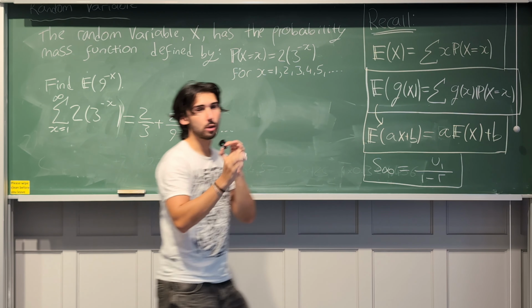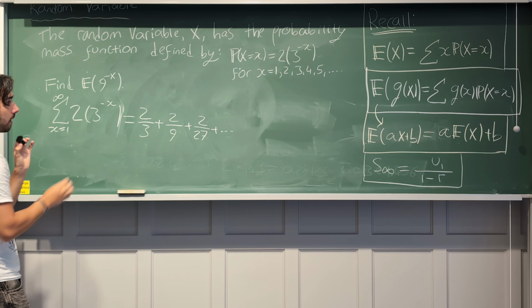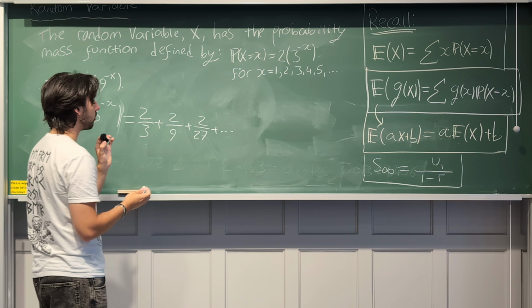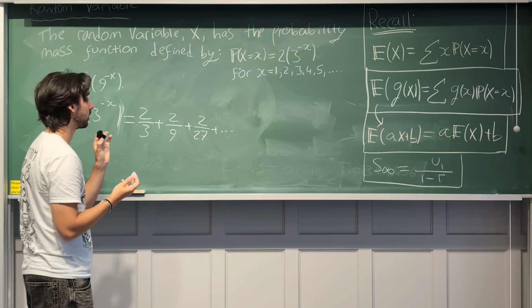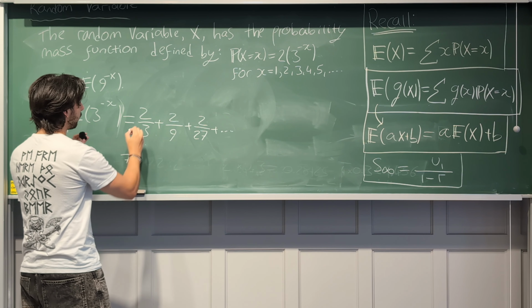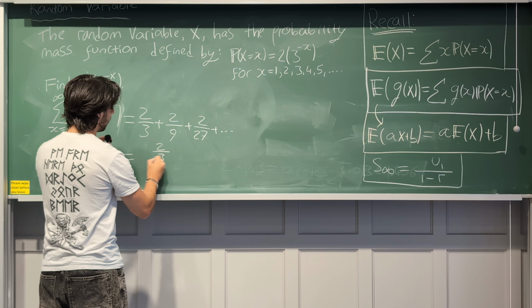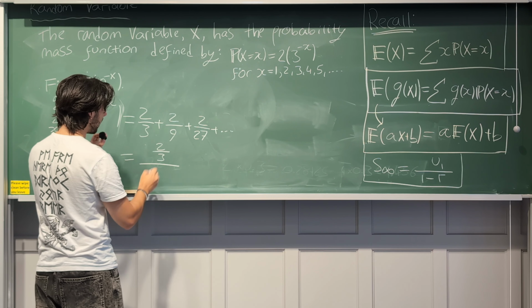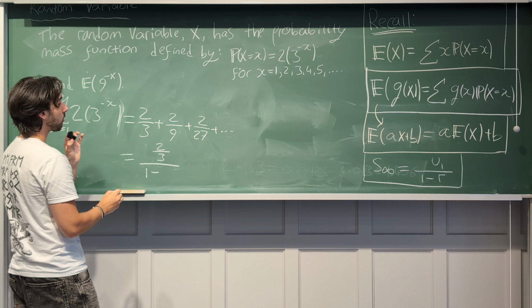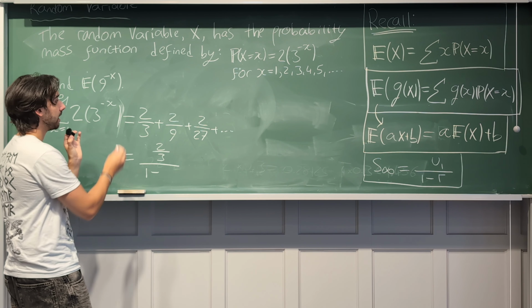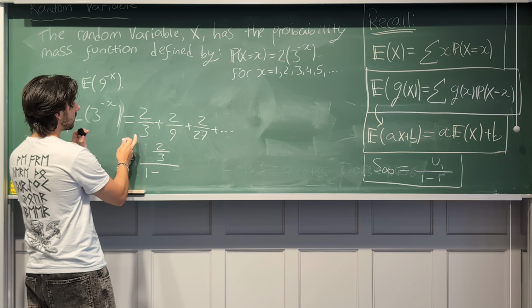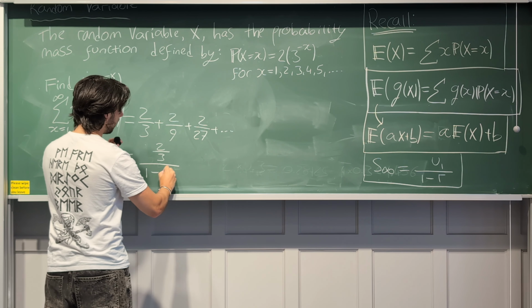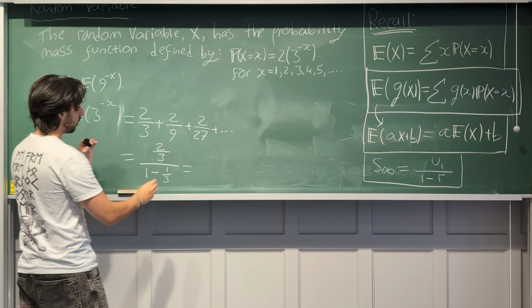We need to make sure that this is equal to exactly the number 1, because it's a probability distribution. So all of the probabilities must add up to the number 1. So this is equal to the first term, which is 2/3, divided by 1 minus the common ratio. And the common ratio here is 1/3, because you can see to get from one term to the next, we're multiplying by 1/3.